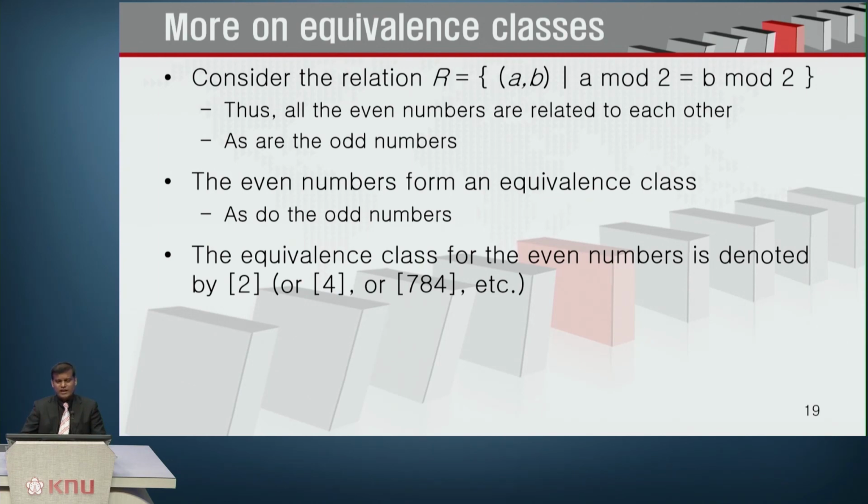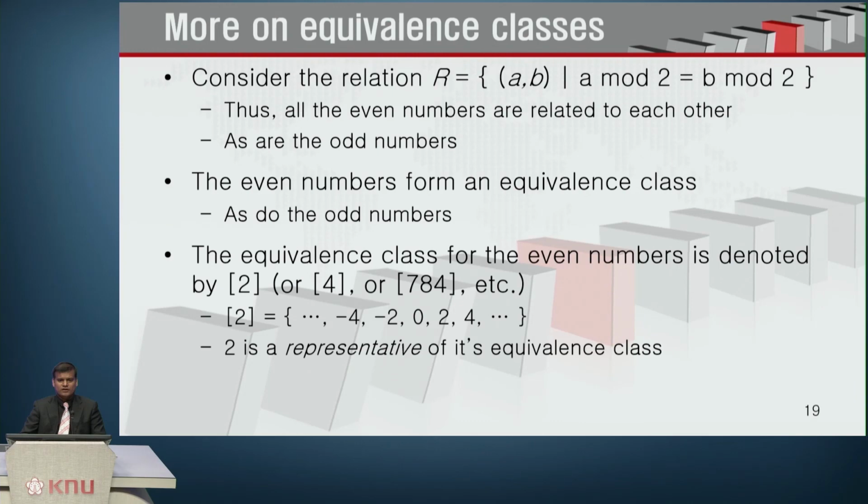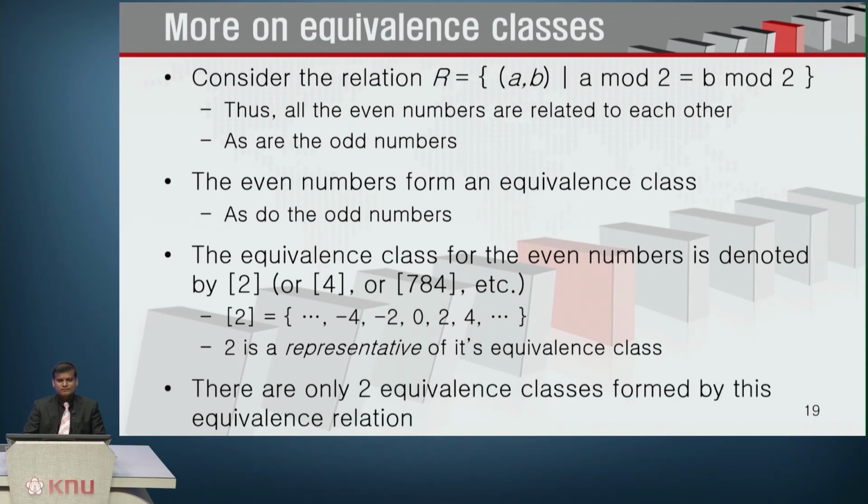And if you are considering negative and positive integers, you have -4, -2, 0, 2 and 4, and so on. So 2 is the representative of the equivalence class, because this class is about all the even numbers that are related. So there are only 2 equivalence classes formed by this relation.